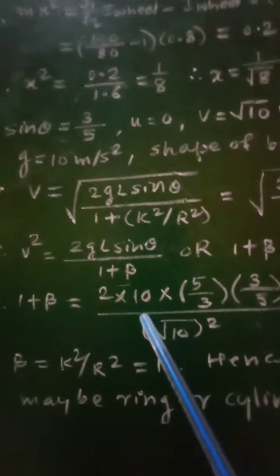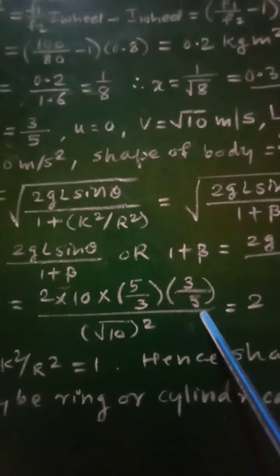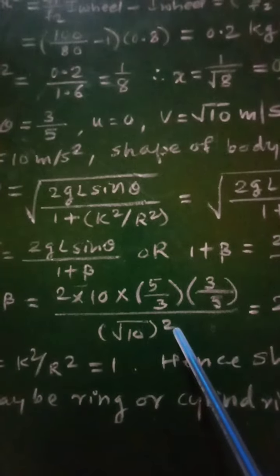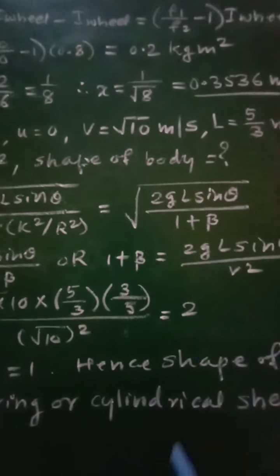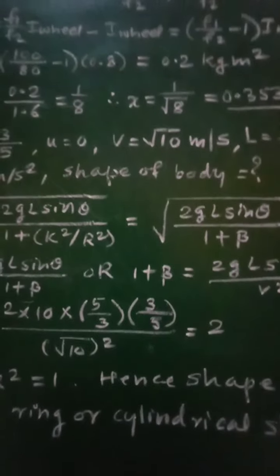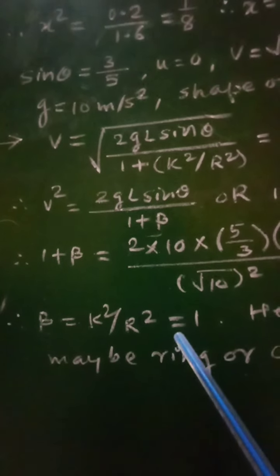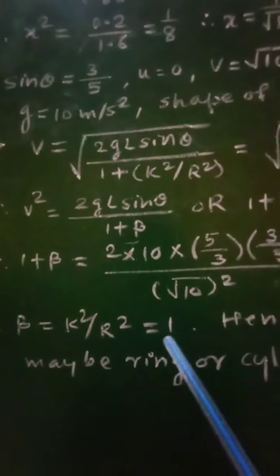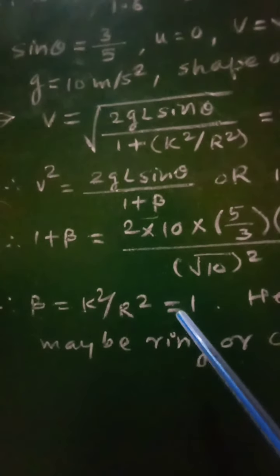Therefore 1 plus beta will be equal to 2 into 10 into 5 by 3 into 3 by 5 upon root 10 square. 5 by 3 and 3 by 5 will get cancelled, and then its value comes out to be equal to 2. That is 1 plus beta is equal to 2, and therefore beta, that is k square by r square, will be equal to 2 minus 1, that is 1.